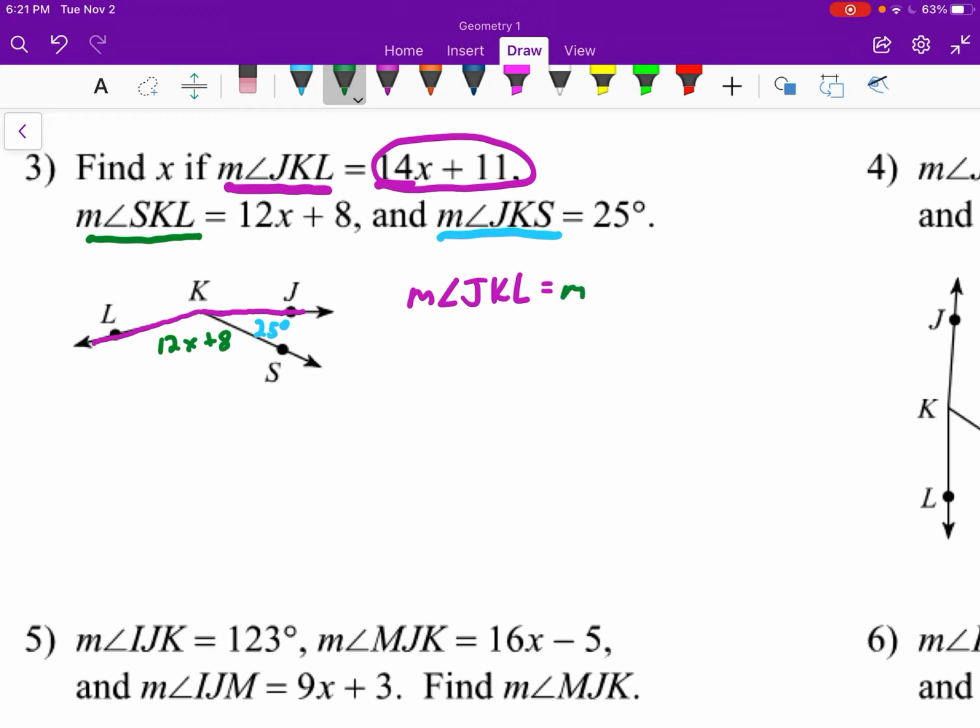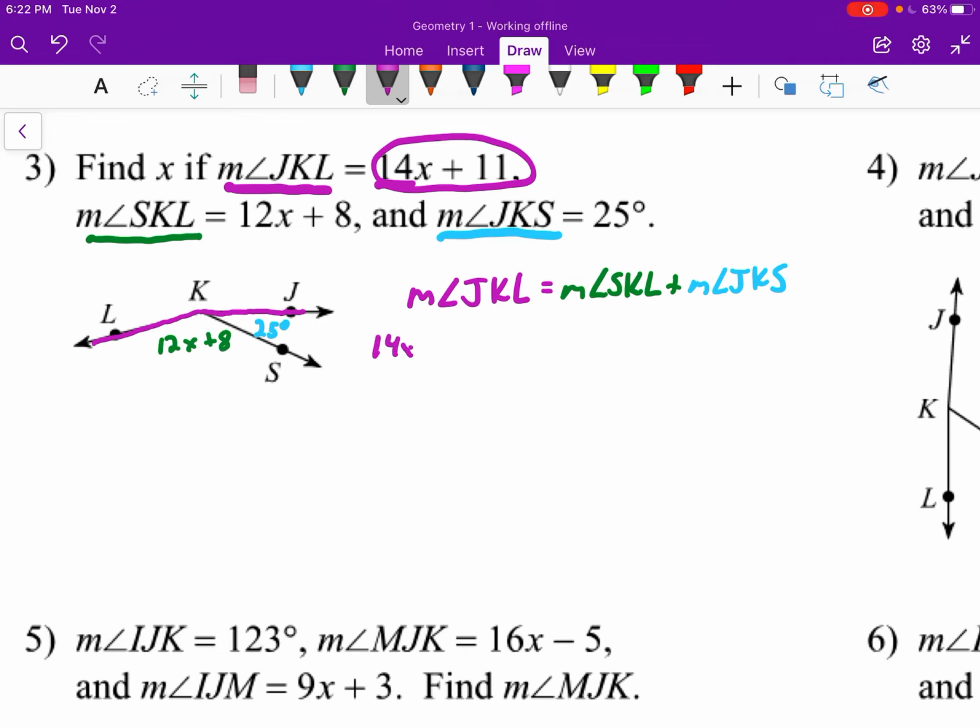So the two adjacent angles, measure of angle SKL plus the measure of angle JKS. So this is the angle addition postulate. The larger angle is equal to the sum of the two adjacent angles. So now we're going to plug in values.